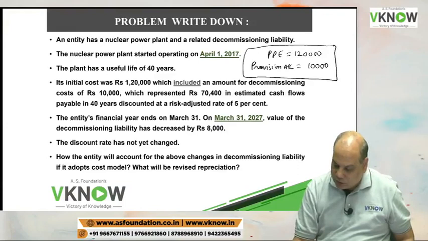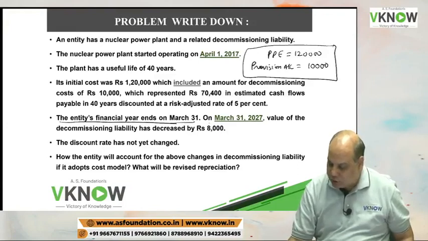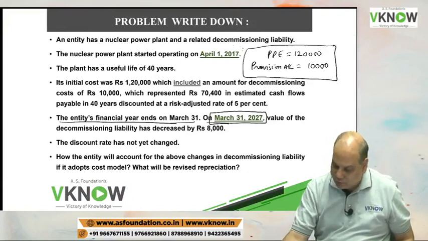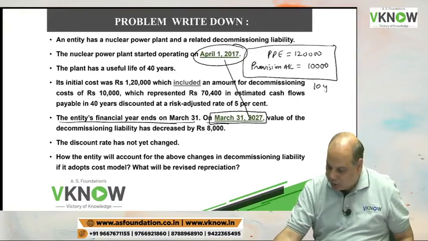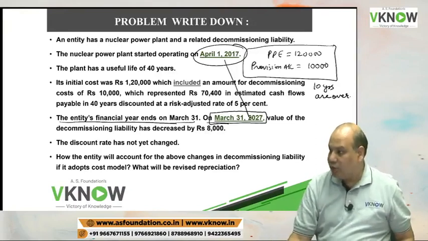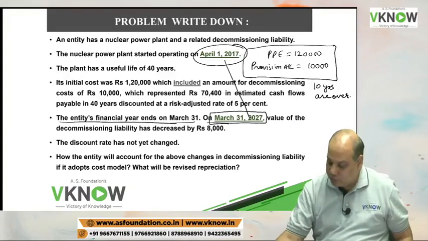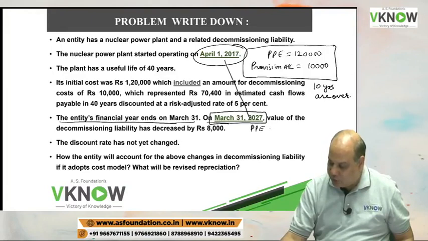So this is the starting number of these two accounts. Now it says the entity's year ends on 31st March. On 31st March 2027, 10 years are over. If 10 years are over, my question is, what is the balance in PPE account after 10 years?